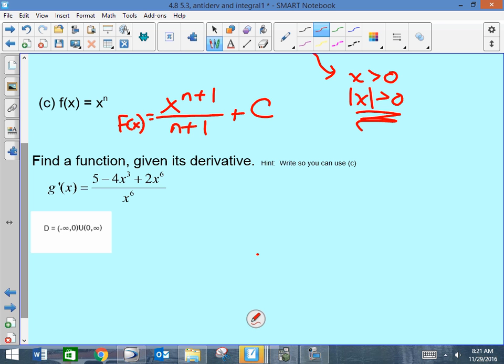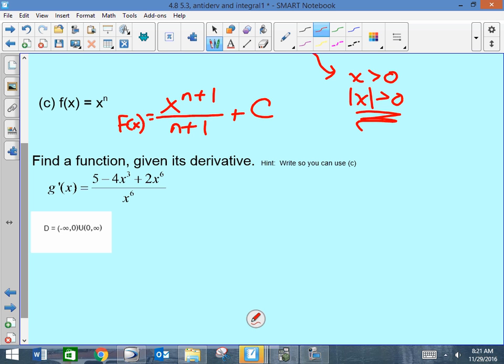You know your derivatives, then you can figure out the antiderivative. If you don't know your derivatives, you're not going to recognize, oh wait, that's the derivative of, so that's what we're going to do. We'll make a partial list, but it's not like you just have to figure them out. We're going to do some techniques of finding antiderivatives. Also, find a function given its derivative. Okay, here's the derivative.